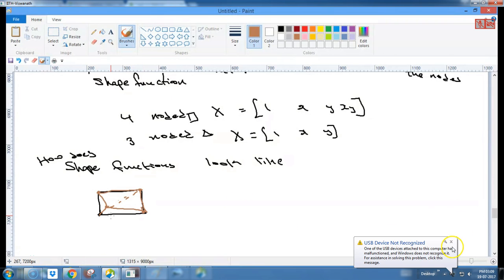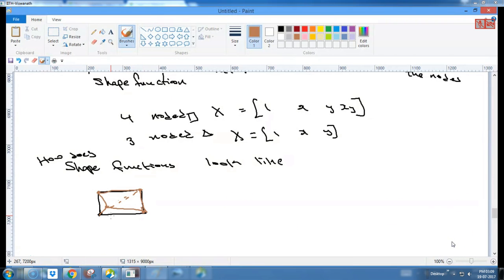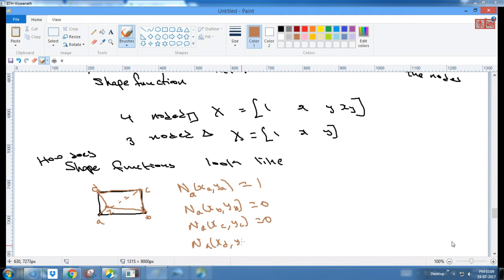Node you have derived in the generic fashion, or you might have derived in the other fashion, N of xa, ya has to be 1, and N of A at xb, yb, when you evaluate, it has to be 0. N of A when evaluated at xc, yc has to be 0. N of A evaluated at xd, yd has to be 0.